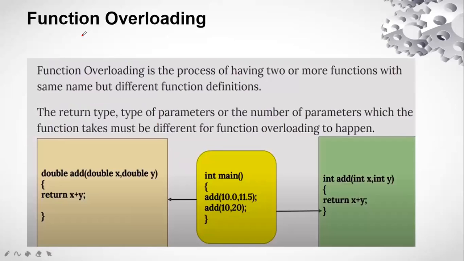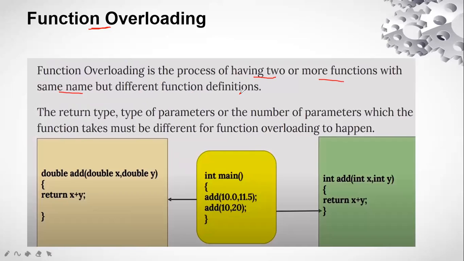Now, we have to understand the next concept in C++, that is called function overloading. Now, what is function overloading? Function overloading is the process of having two or more functions with the same name, but different function definitions. I've already told you about this in the earlier lectures.